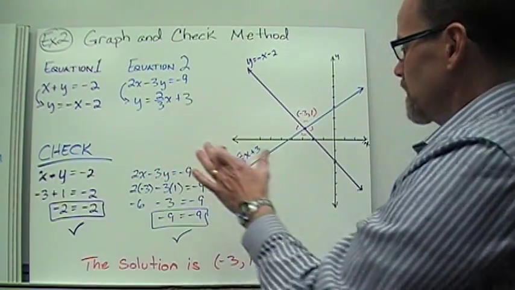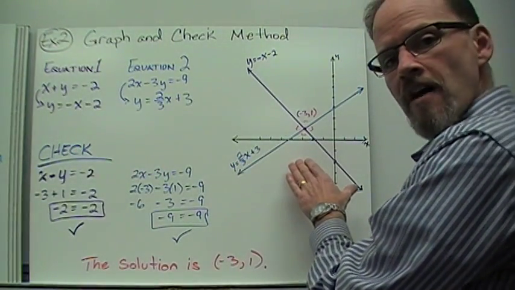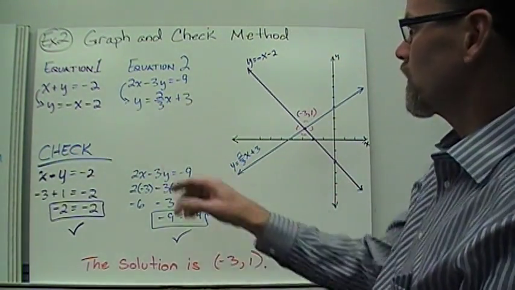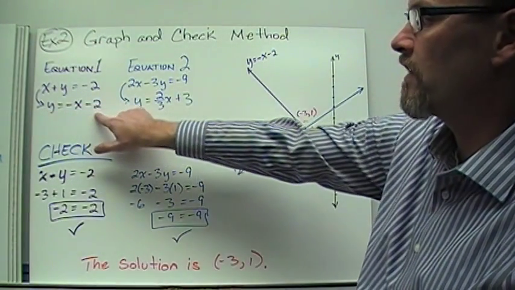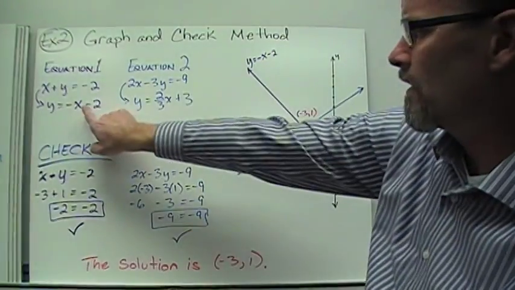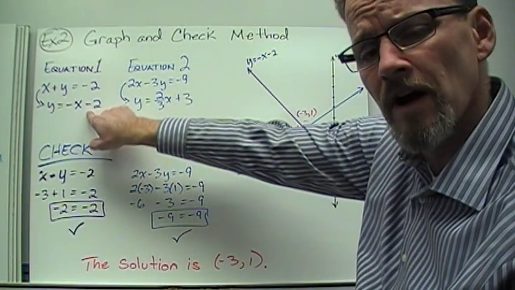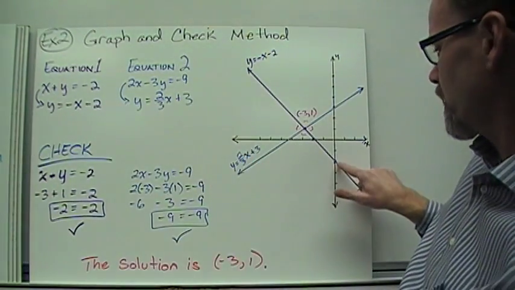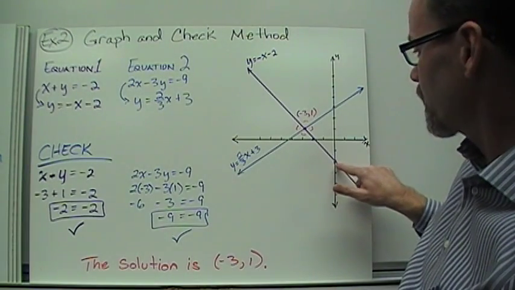Take these and plot them on your coordinate plane. For y equals negative x minus 2, negative 2 is the y-intercept, so there's my y-intercept down here at negative 2.